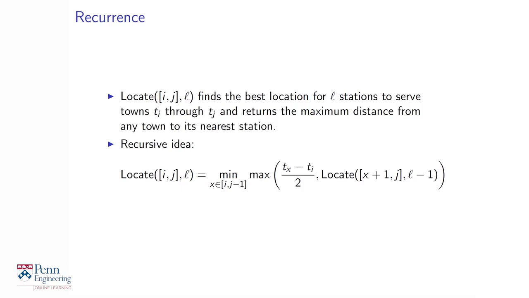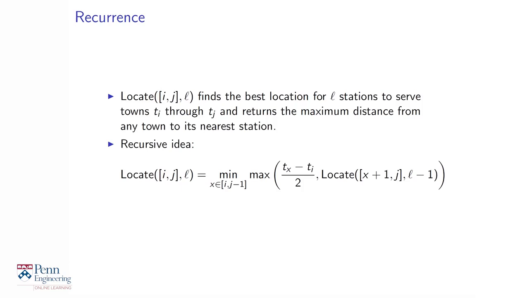Here I'm assuming that we have at least 2 stations left to put in. So the first station is only going to serve at most all but the last town, because there's always a station available for the last town. So for some value of x between i and j minus 1, the first station is going to serve all the towns from i to x.